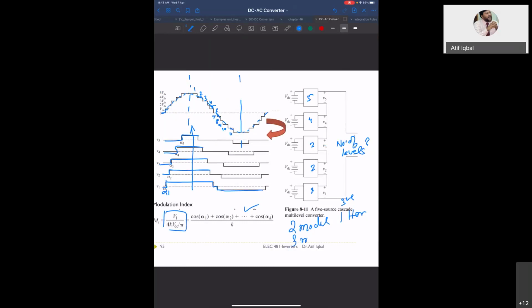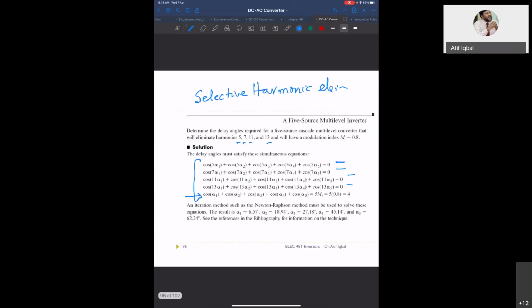Now, if it is 3 modules, we can eliminate 2 harmonics at a time. 4 modules, we can eliminate 3 harmonics at a time, 1 less than the number of modules. 5 modules cascaded, we can eliminate 4 harmonics simultaneously. This is the problem shown here: 5th, 7th, 11th, 13th, we have eliminated. So whatever number of modules you connect in cascade, you subtract 1, and that many harmonics you can eliminate. Does this answer your question? Yes, clear.